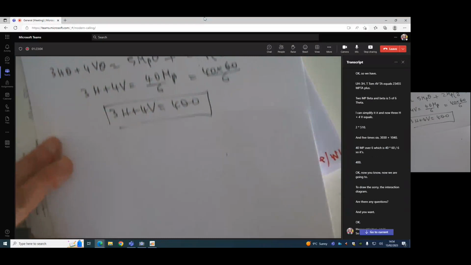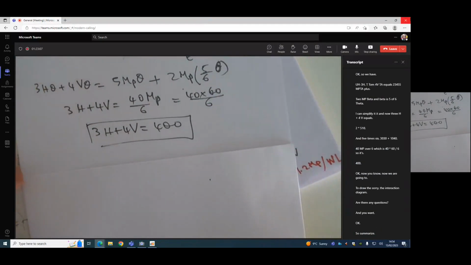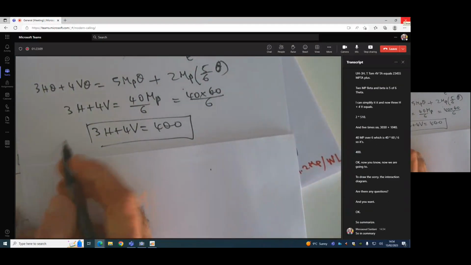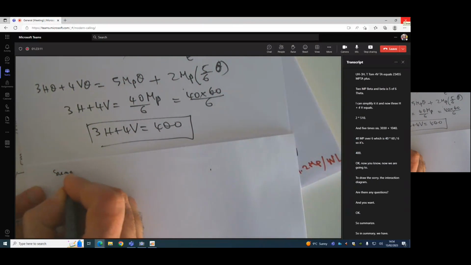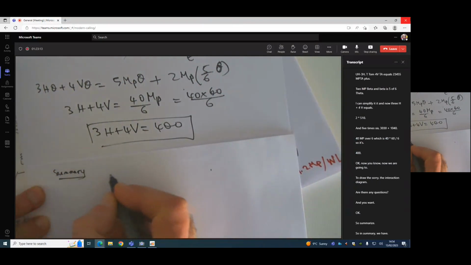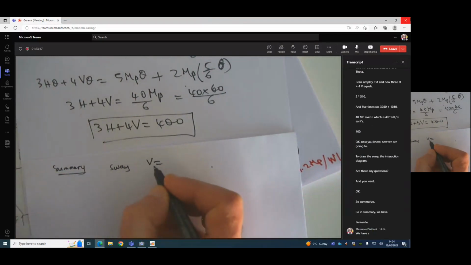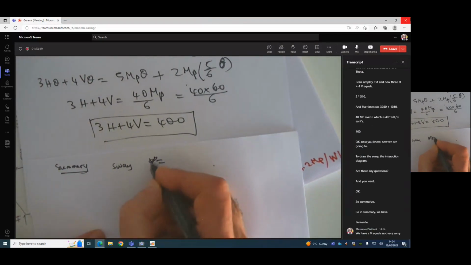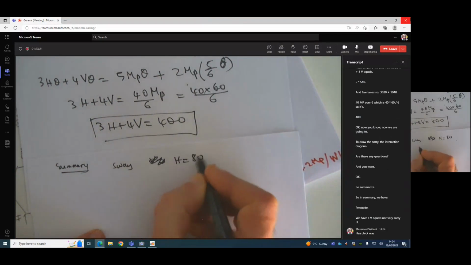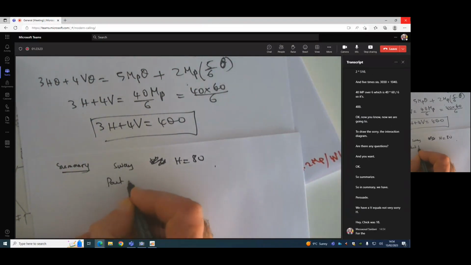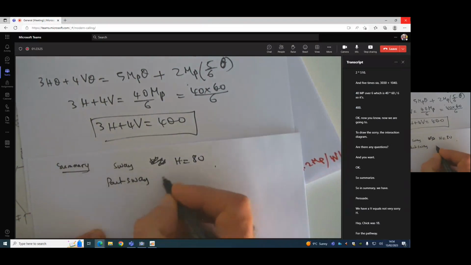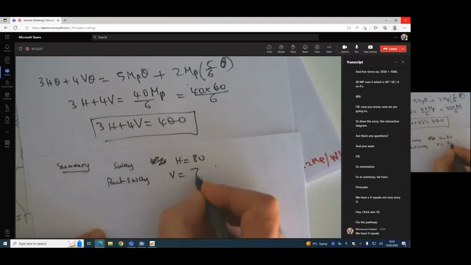So in summary, we have for sway, H equals 80. For the part sway, we have V equals 70.